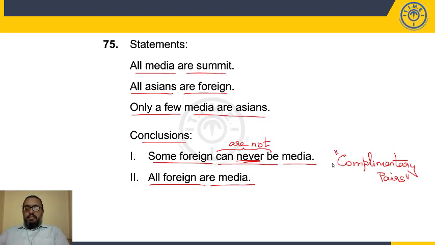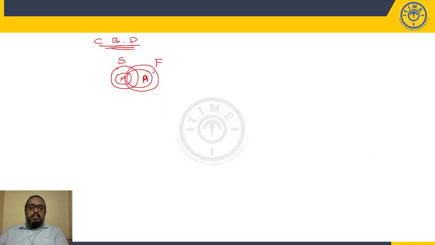Correct? So let's take the negative first and check. Some foreign are not media. See, these are some of my foreign which are not coming in media. So it's a negative conclusion that follows. So when the negative follows, what do we do? We take the complementary diagram.